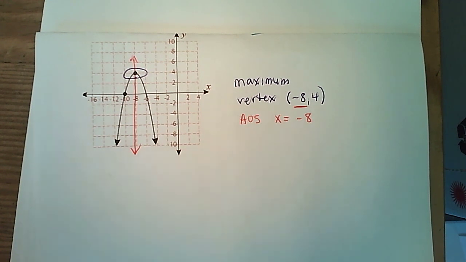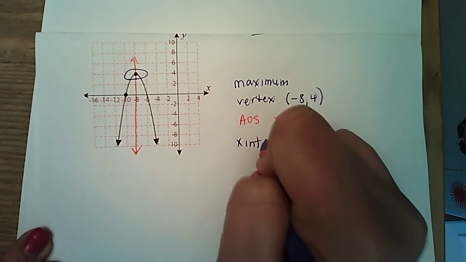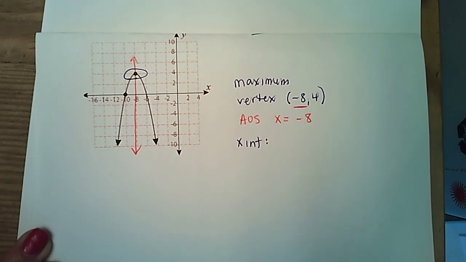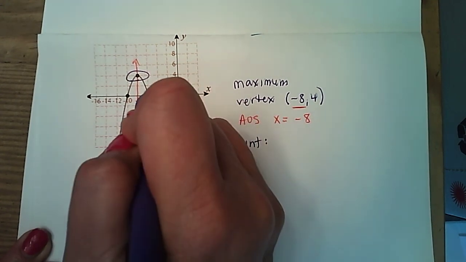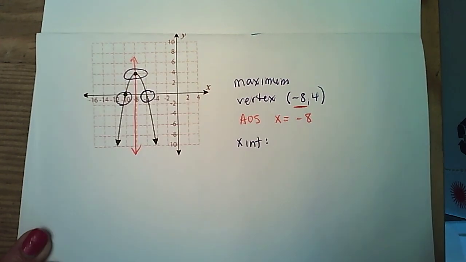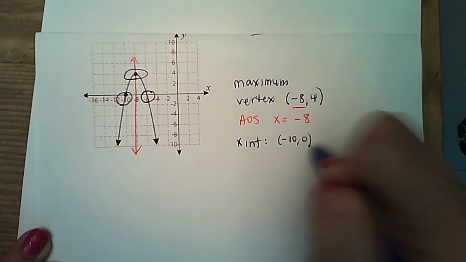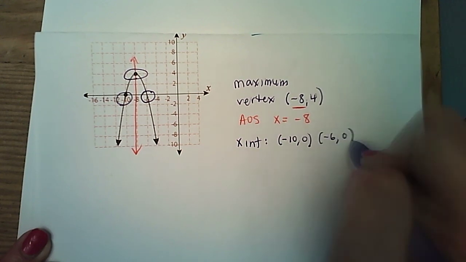Now I want to bring in my next thing, my x-intercept. My x-intercept is where I cross the x-axis. Well, I cross here at negative 6, and I cross here at negative 10, so it's negative 10, 0, and negative 6, 0.